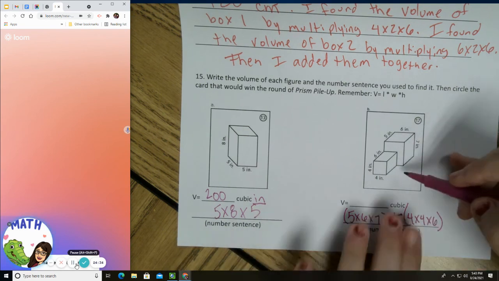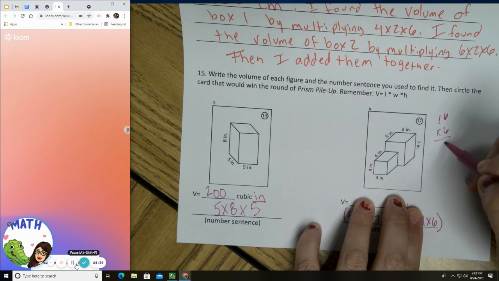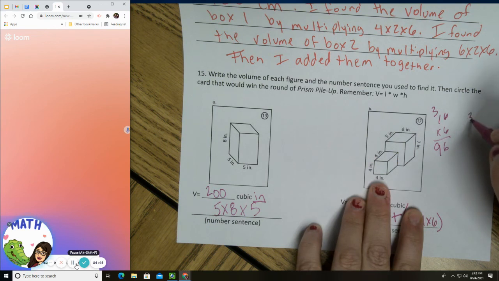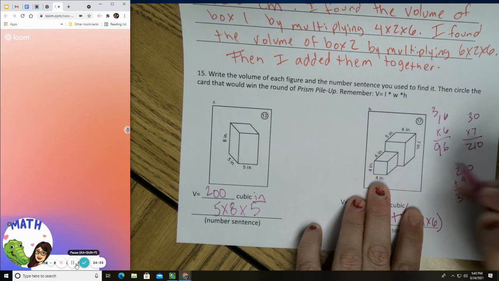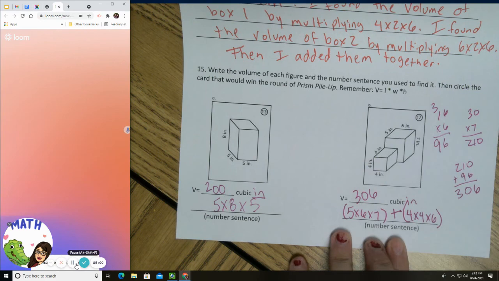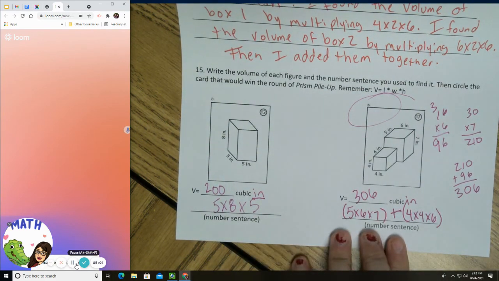Let's do the math. 4 times 4 is 16 times 6. 36, carry my 3, so 96. 5 times 6 is 30, times 7 is 210. 210 plus 96 equals 306 cubic inches. My largest one would be B. That's how you do that problem.